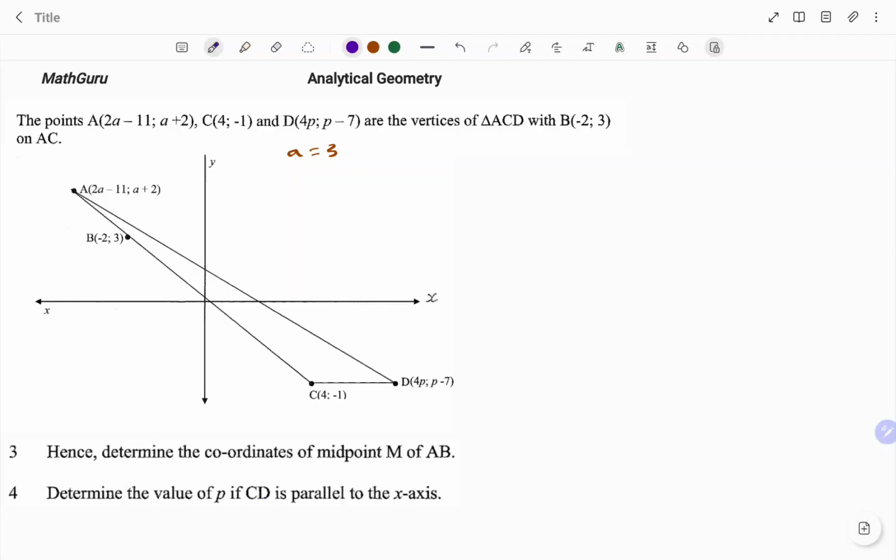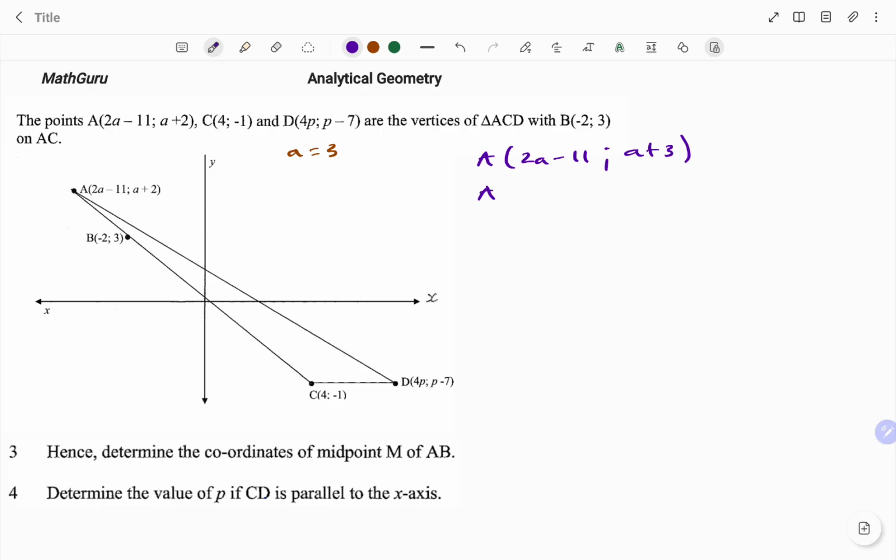For the third part of the question, we have to determine the coordinates of the midpoint of AB. In order to find that, we start with the coordinates of A. We have A as 2a minus 11 for our x, and our y is a plus 2. In the first part of the question, we got the value of a to be 3.